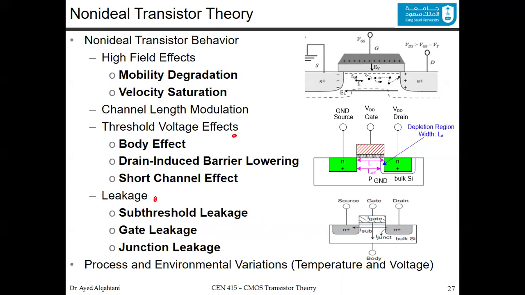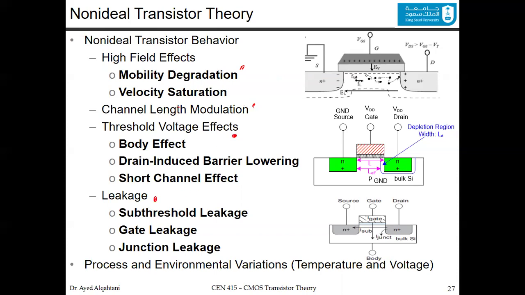We have threshold voltage that is affected by many factors. We have degradation in the velocity and the mobility of the electrons. We have a shorter length of the channel.